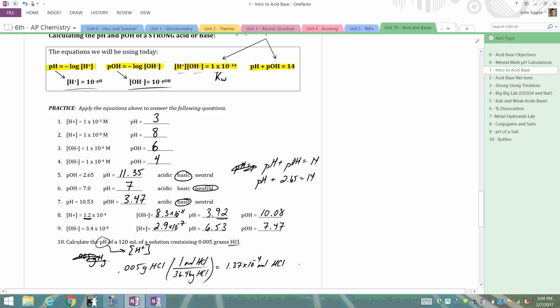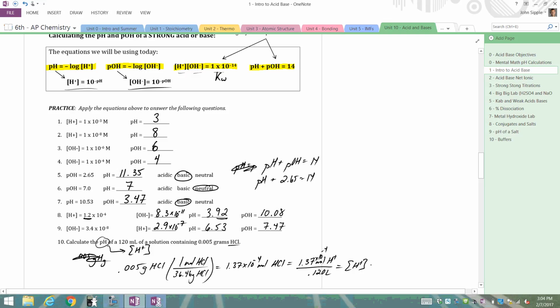Because that's a strong acid, that means it completely dissociates in solution. So that's going to break up into both ions. So I have 1.37 times 10 to the minus 4 moles of H plus ions in solution, right? And I need concentration. So if I divide that by 0.120 liters, that's going to give me the concentration of H plus.